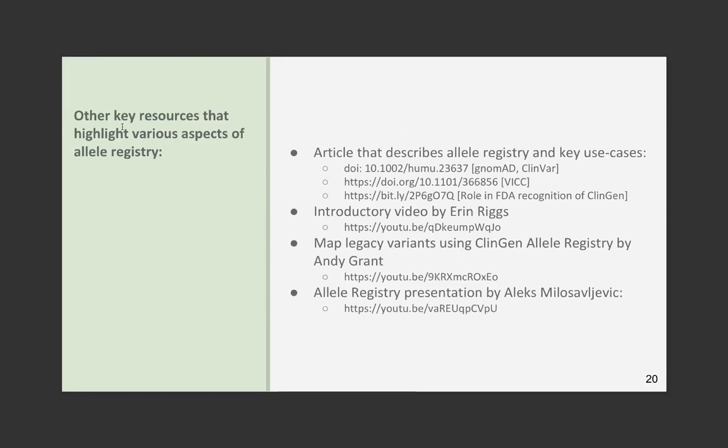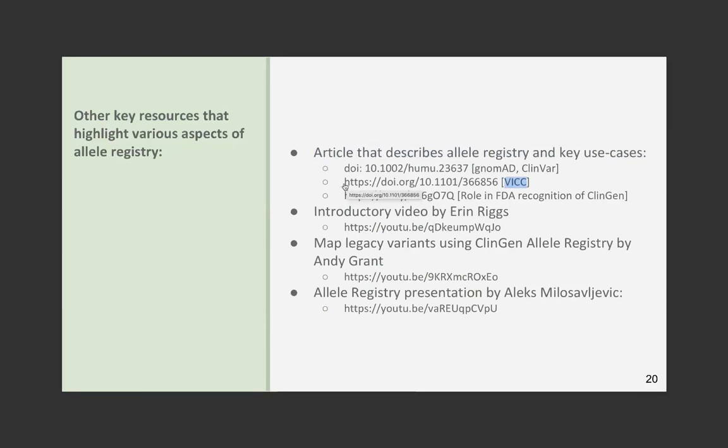In these slides, I have put up some key resources that might be helpful in understanding the Allele Registry beyond this presentation. We have published one article that was a part of the ClinGen ClinVar special issue. You can go ahead and read it. The VICC consortium has also made a paper available recently on bioRxiv.